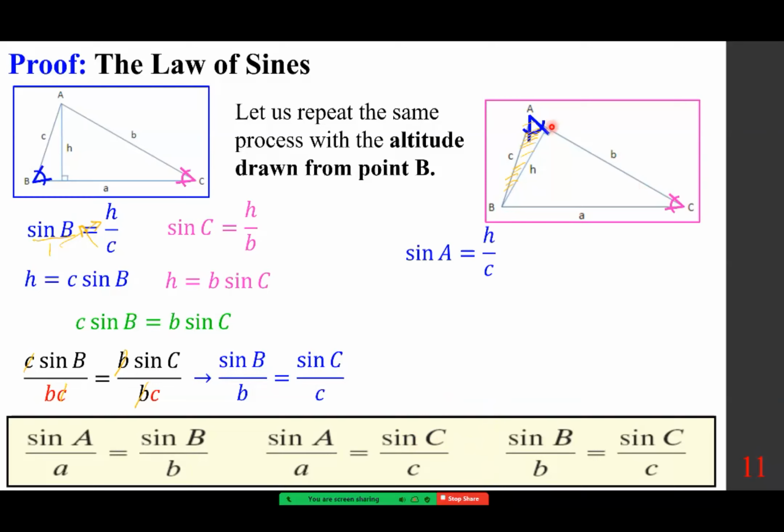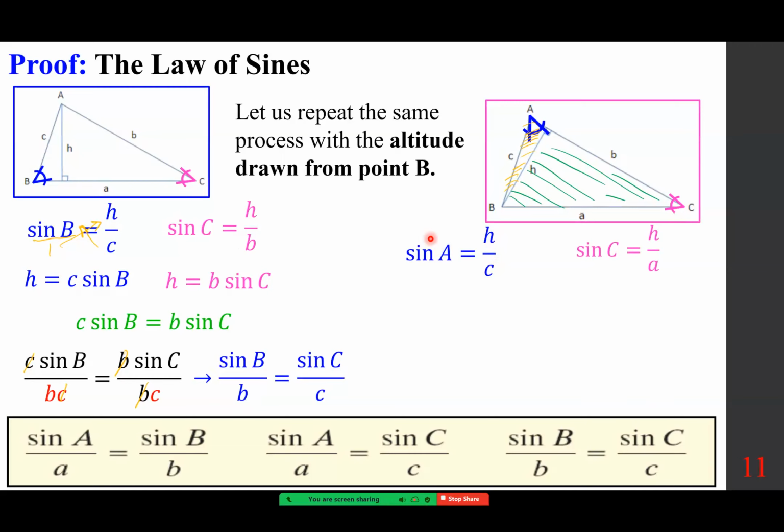Now for this one, let me shade it in green. For this one, sine of C is the opposite, H, over the hypotenuse A. We do the cross product just like this one.